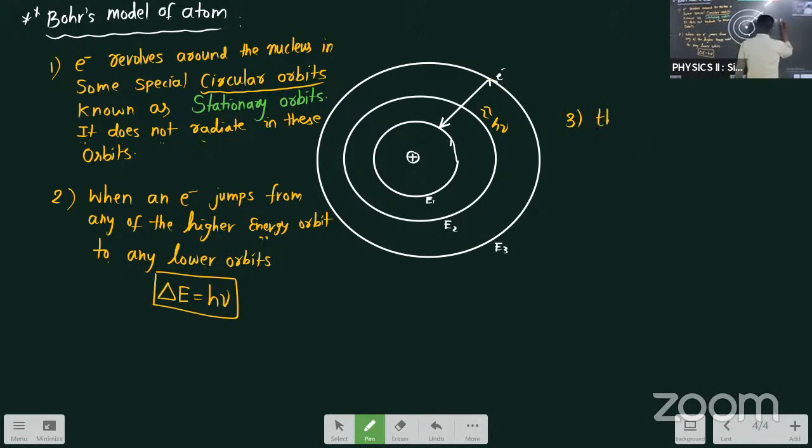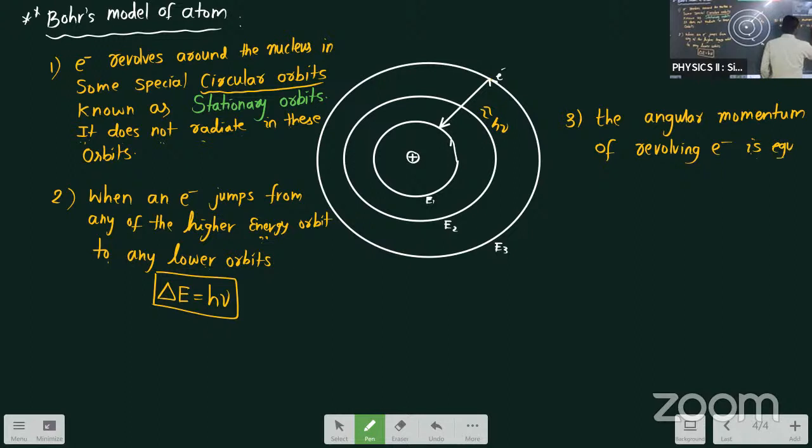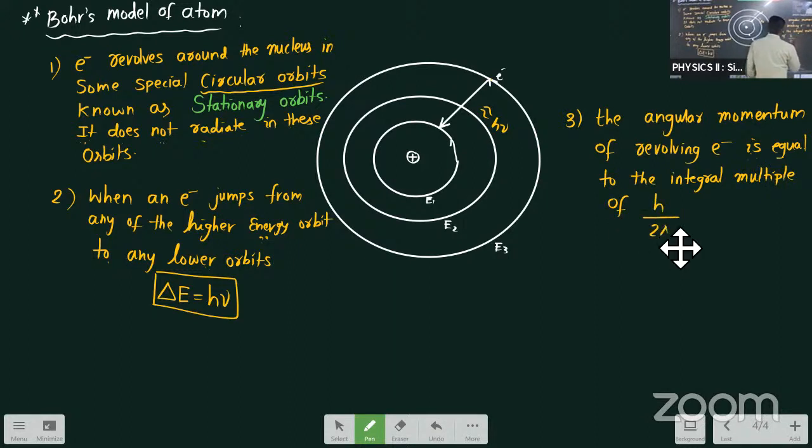The angular momentum of the revolving electron is equal to an integral multiple of h by 2 pi.